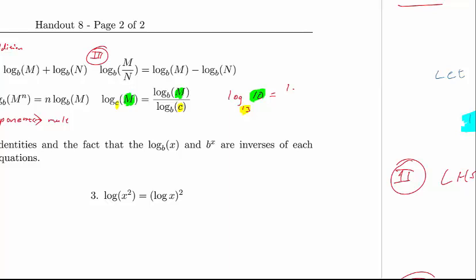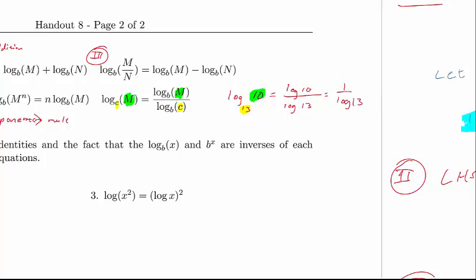So it's going to be log of 10 divided by log of 13. Log of 10 is just 1, so this ends up being 1 over log 13. If you want a decimal approximate, just plug that into your calculator.